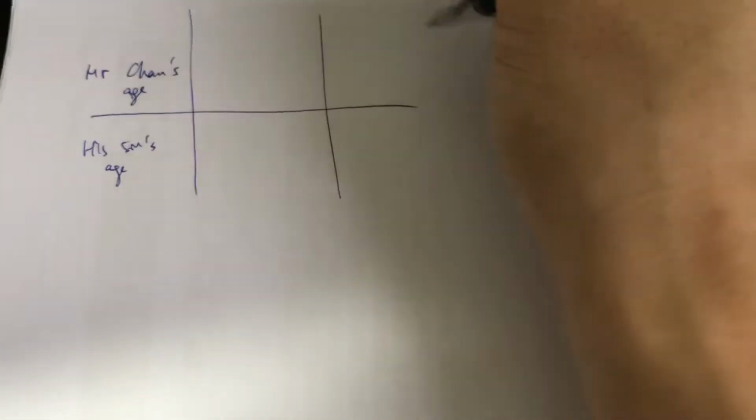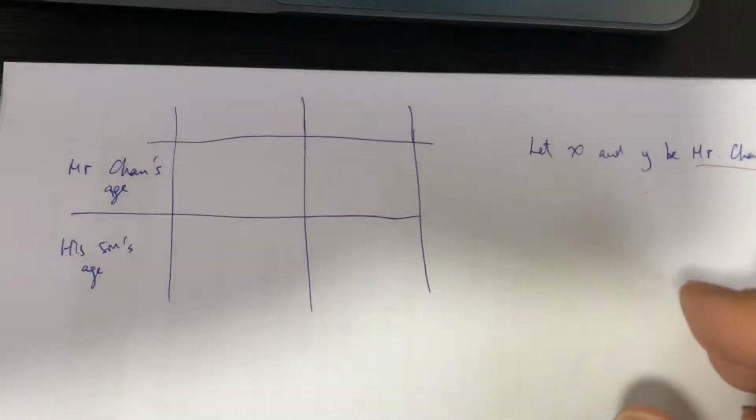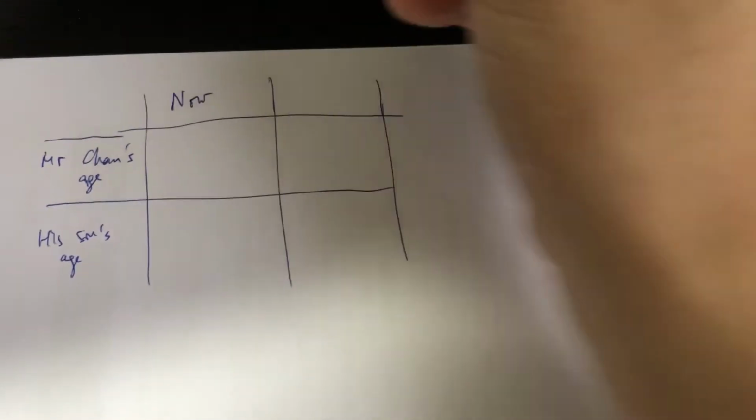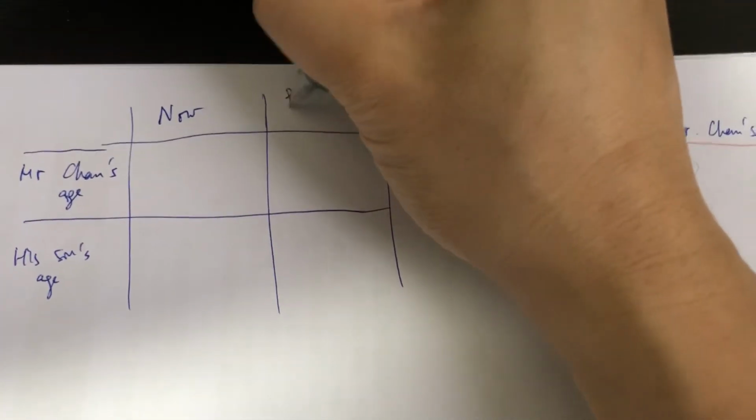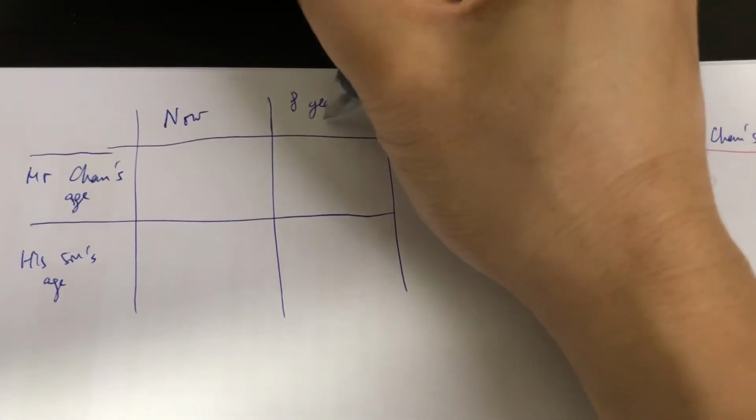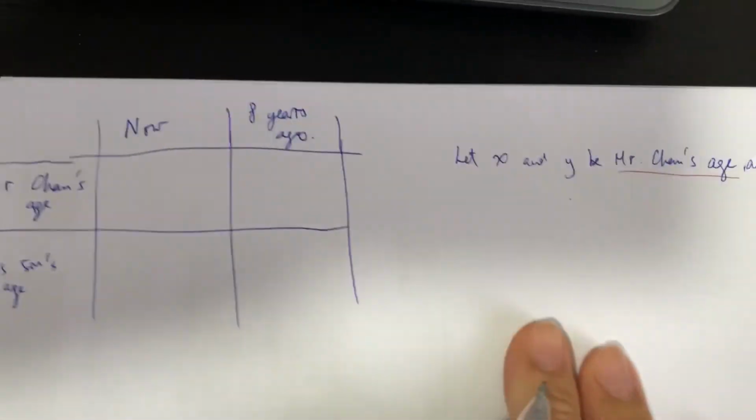Let's analyze the question. In this case, you will have two quantities: one is Mr. Chan's age, one is his son's age. We should consider the age now, or the age 8 years ago.